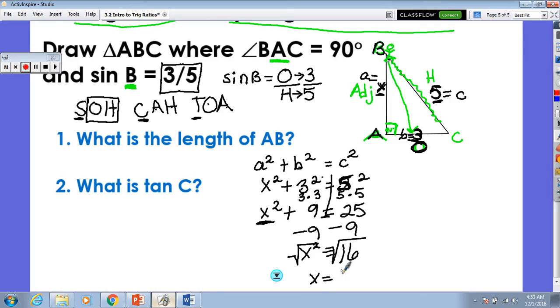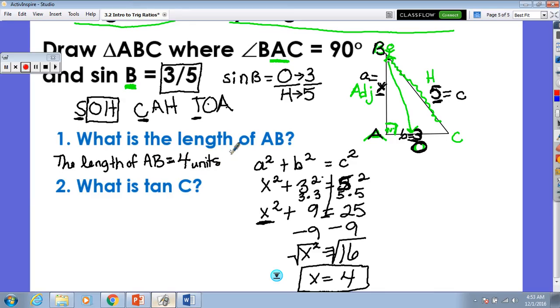So I know x is equal to plus or minus 4. But we're going to use the positive 4 because we're talking about lengths. So that means the length of AB equals 4 units. Okay?